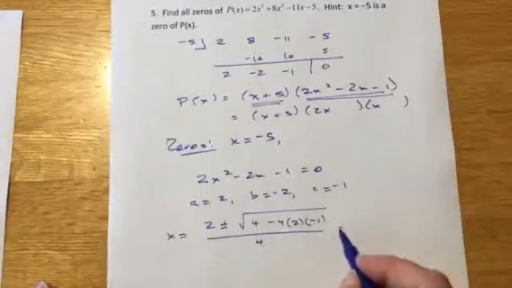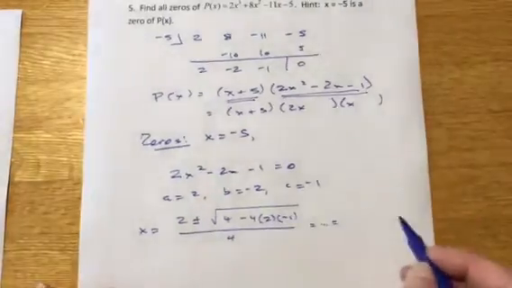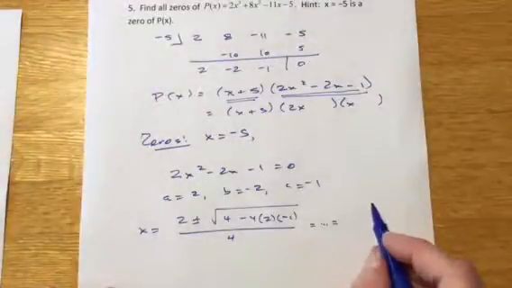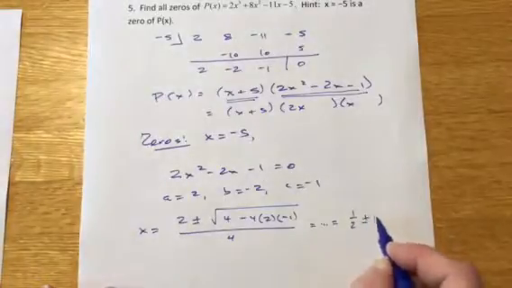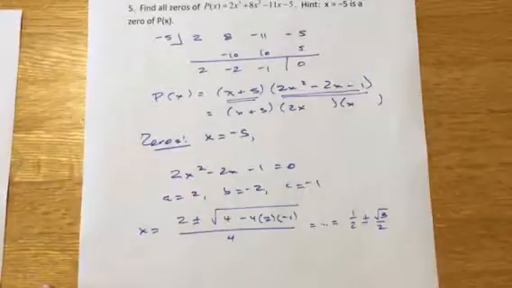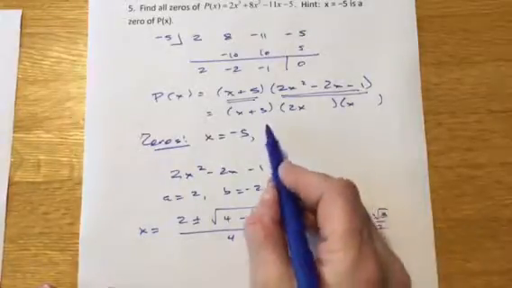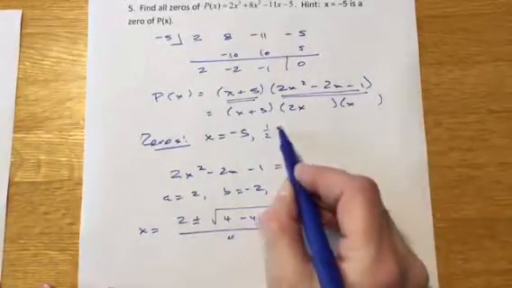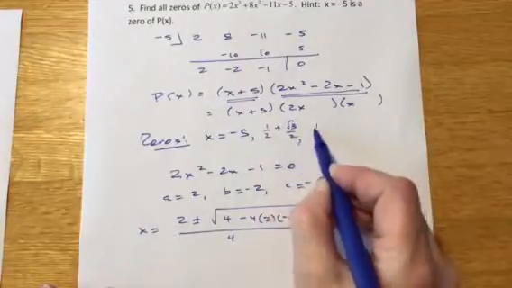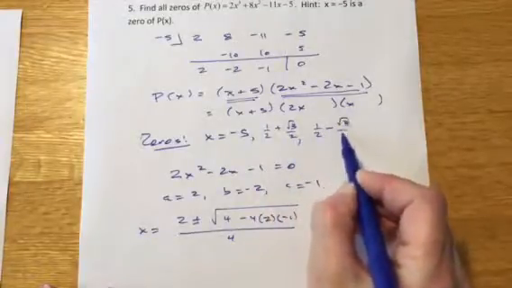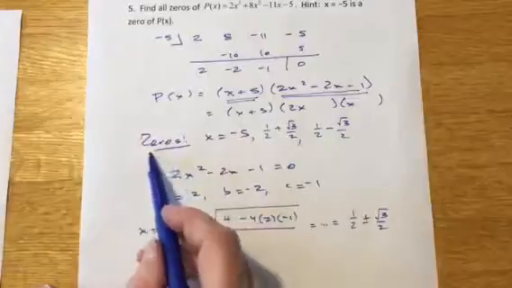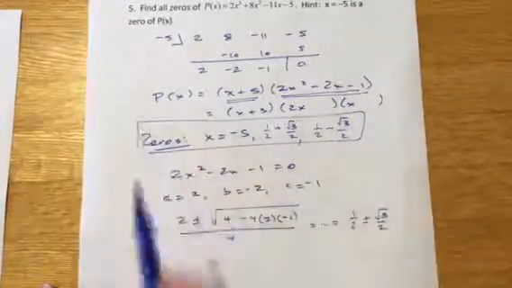I'll let you clean up the details there, but you should get 1/2 plus or minus the square root of 3 over 2. And so those would be our other two zeros, 1/2 plus root 3 over 2, 1/2 minus root 3 over 2. And again, because it's a degree 3, we would expect 3 zeros.